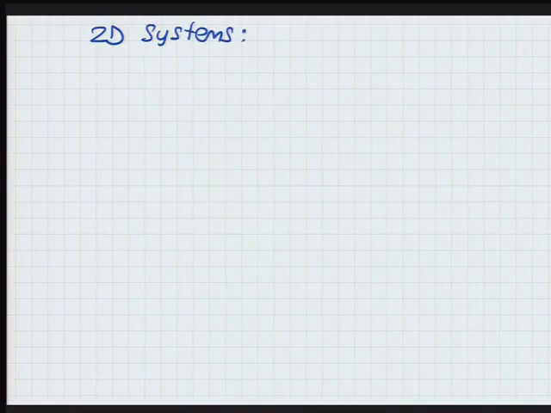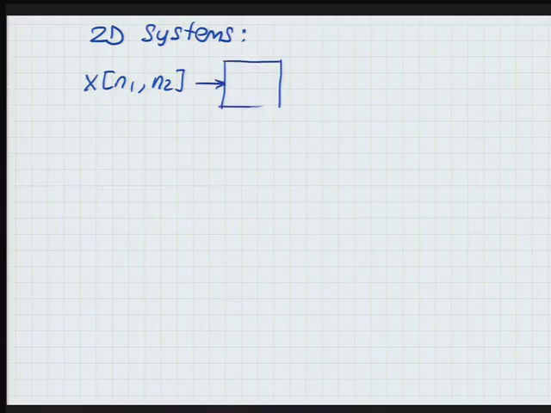And so now the input is a two-dimensional signal, and you have a system that modifies it and spits out an output, which again is a two-dimensional thing. Okay? Maybe the input is one image, the output is another image.